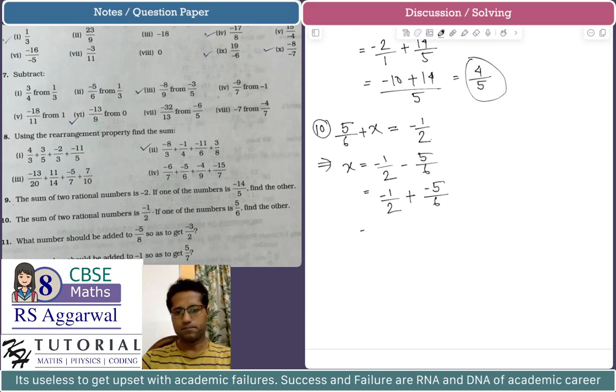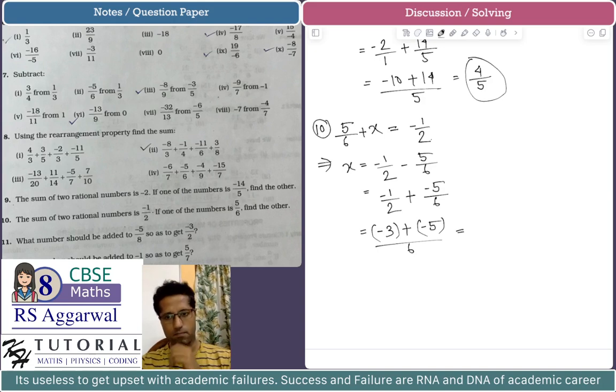Now the LCM of 2 and 6 is 6, so minus 3 plus minus 5 divided by 6. This is minus 8 by 6, which is minus 4 by 3.